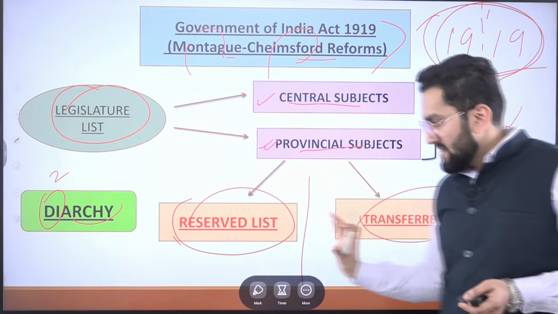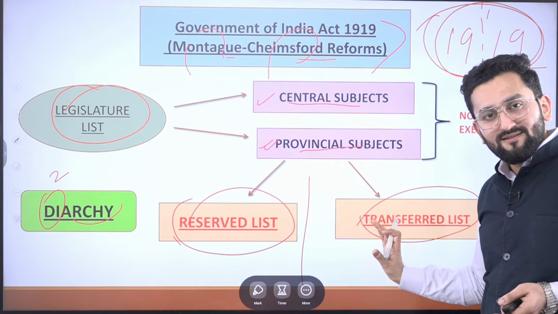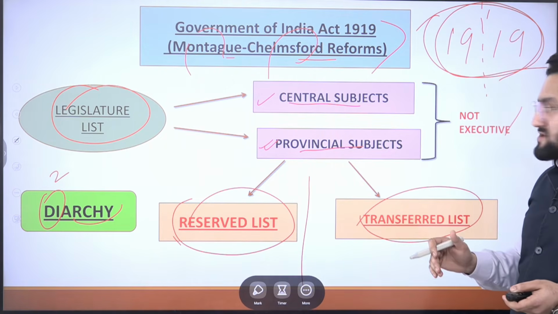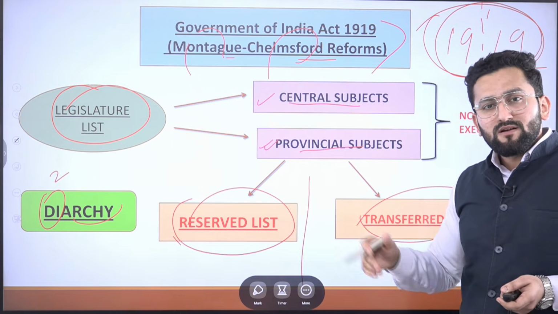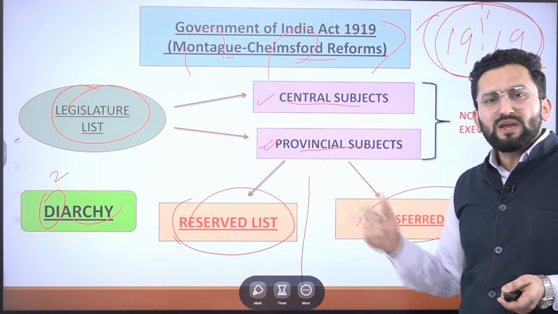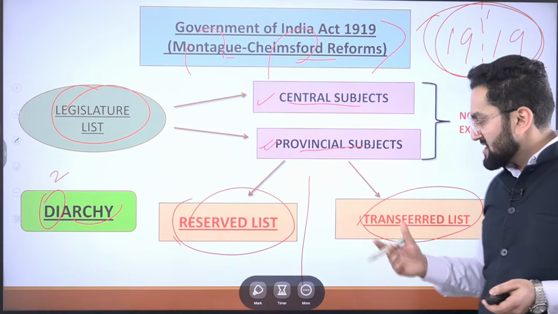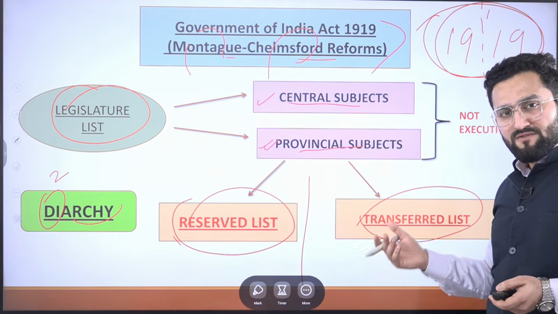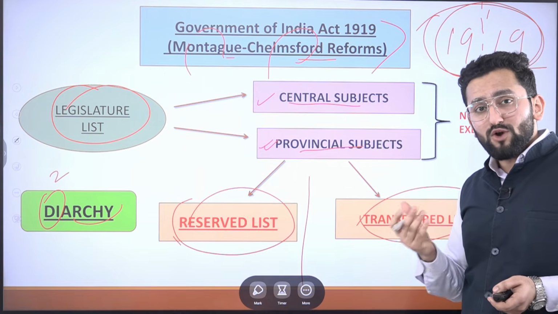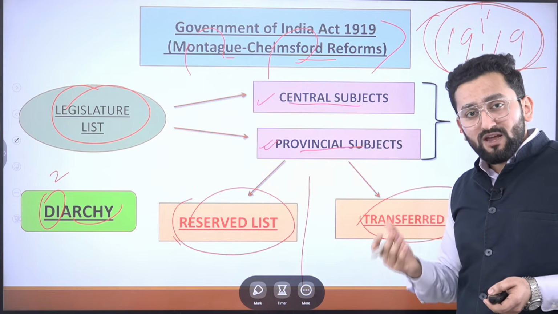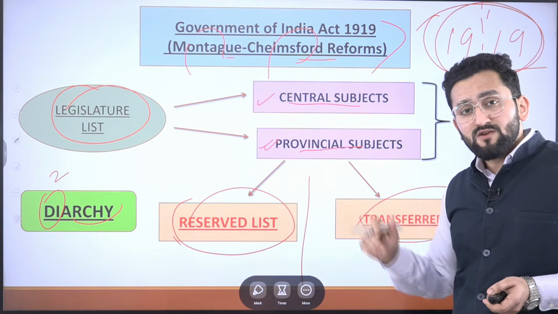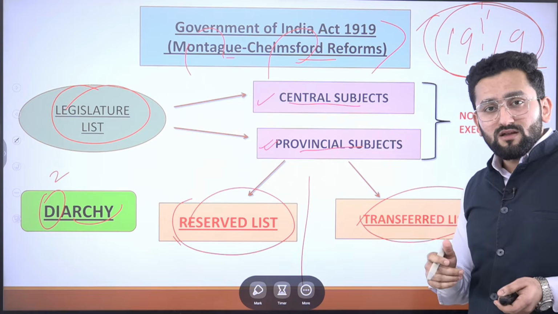So this division is known as diarchy. Although there was a lot of opposition to this very idea, right? Because you have given certain subjects as transferred, but even if we want to raise some points and contribute to the law-making process on the more important subjects, which you have put in the reserved list, then this is like a mockery, right?